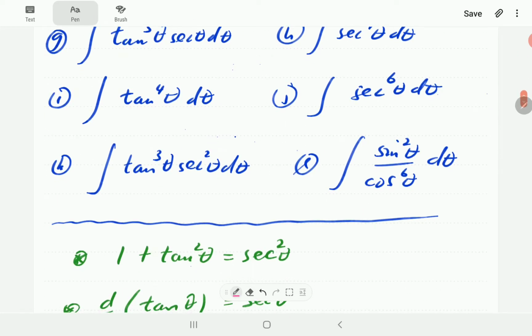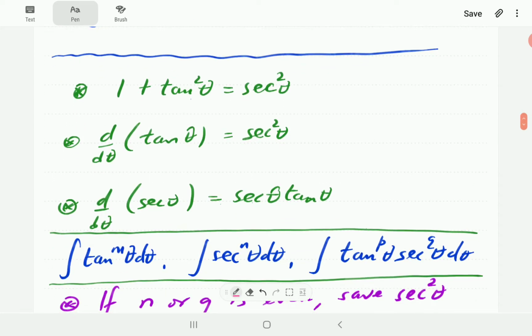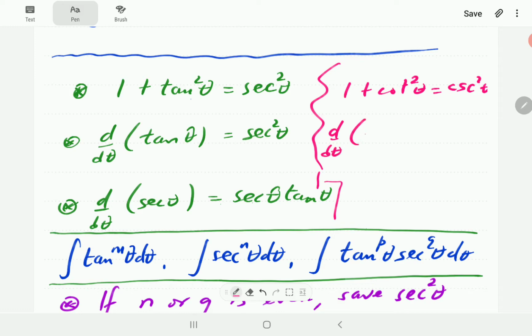Actually, before we go to the examples, it's worth noting that while our focus is going to be on secant and tangent here, these ideas can be used equally to integrate powers of cosecant and cotangent. That is because cotangent and cosecant satisfy properties that are very similar to the properties satisfied by secant and tangent.